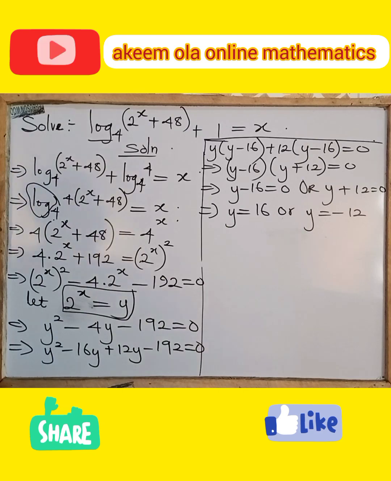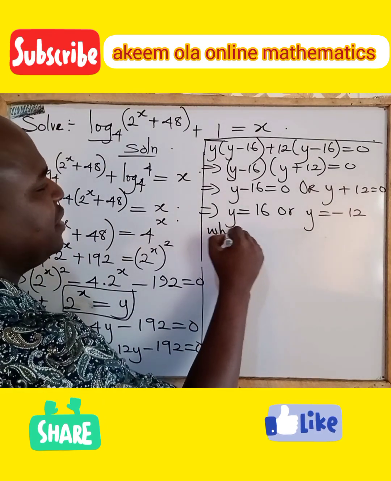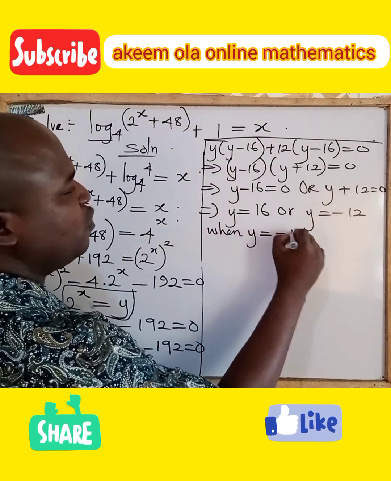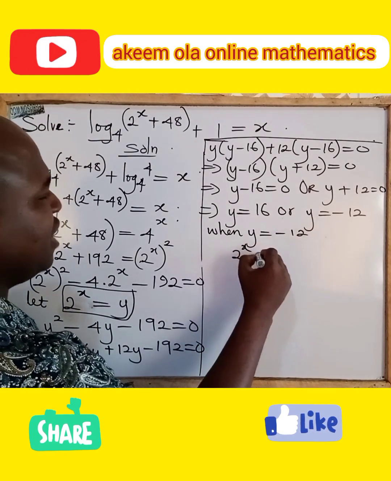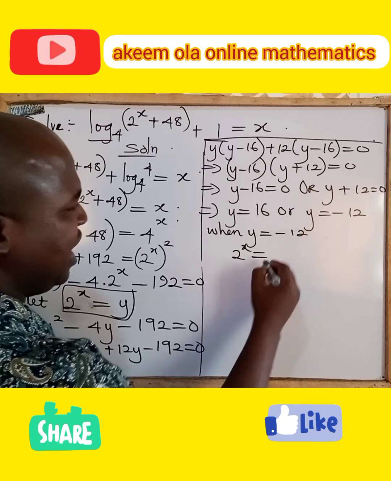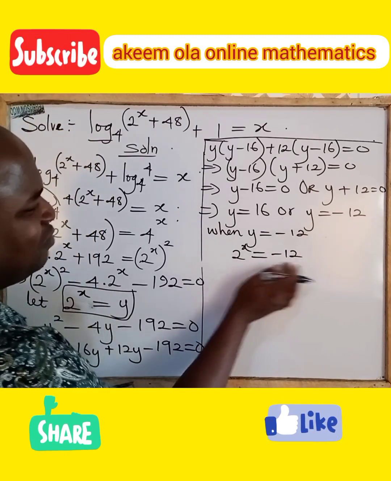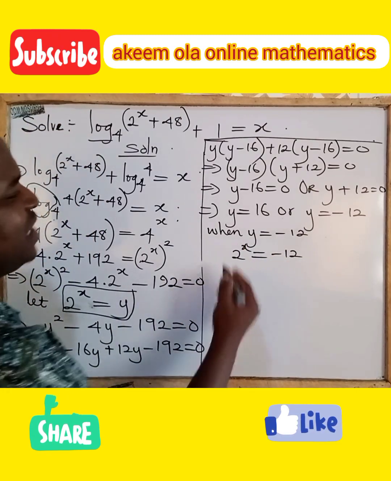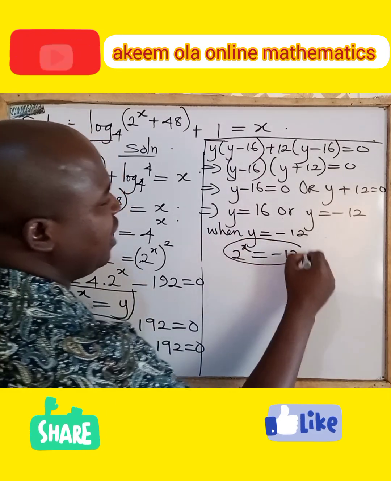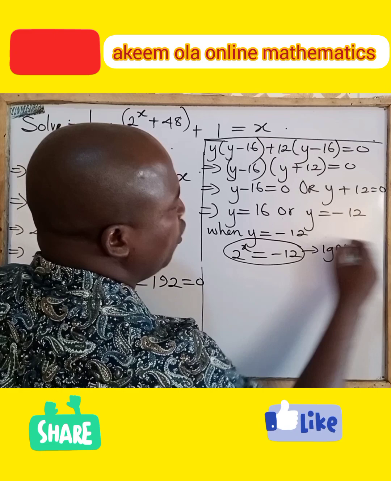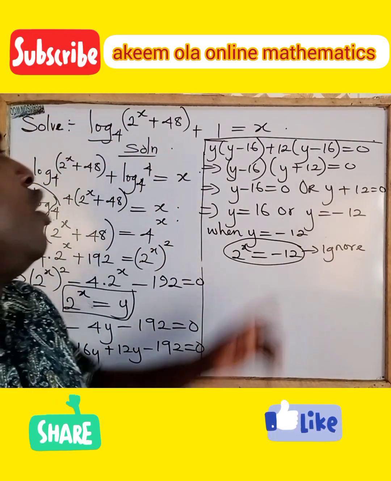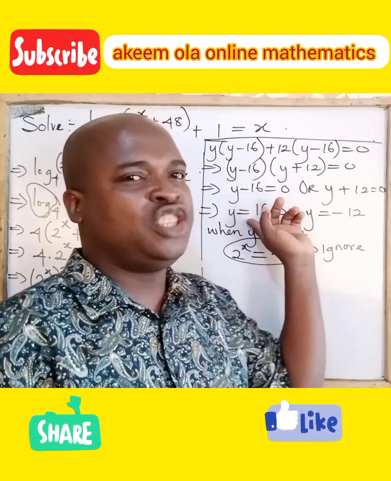When y is equal to minus 12, we have 2 raised to power x equal to minus 12. How will I simplify this? It is not possible, so we can ignore it. We are going to stick with y is equal to 16.